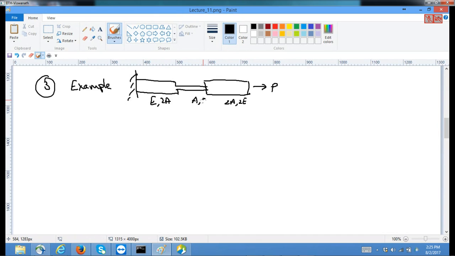This is A and 3E. 2A and 2E. This is a length of L, this is a length of 2L, and this is a length of 3L. This is the problem we solved.